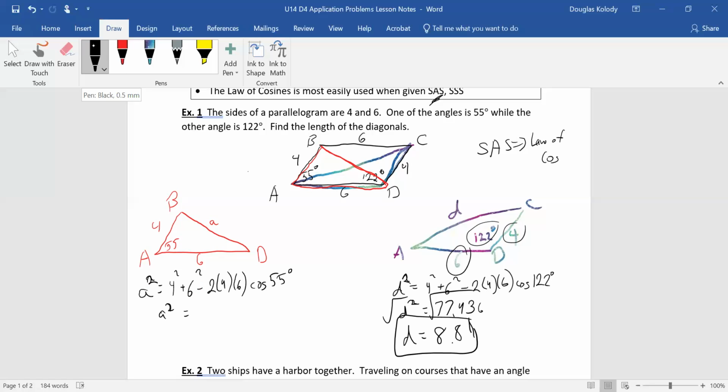You get roughly 26.56387. Good news is, when you do all this work, you don't have to round it off. You could just take the square root of the answer on your calculator and get a equal to 5.2. So I found the lengths of the two diagonals. Huzzah! There we go. Rewind, replay, do what you need to do, and answer those questions.